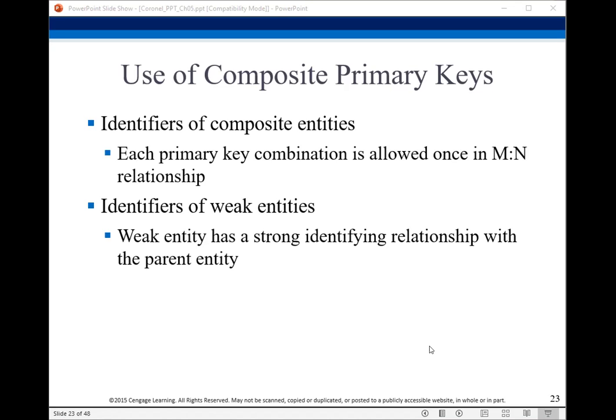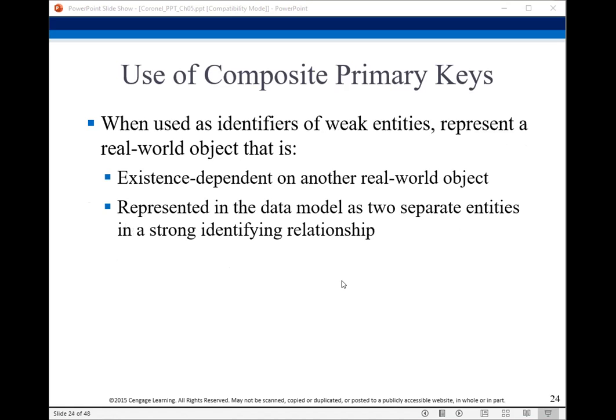Additionally, we have this idea of a weak entity, and they have a strong identifying relationship with the primary entity. So they take the primary key from the primary entity, and it becomes part of their composite primary key. We add what's known as the discriminator that's in the weak entity set to the primary key from the strong entity set, and we come up with this idea of a composite key.